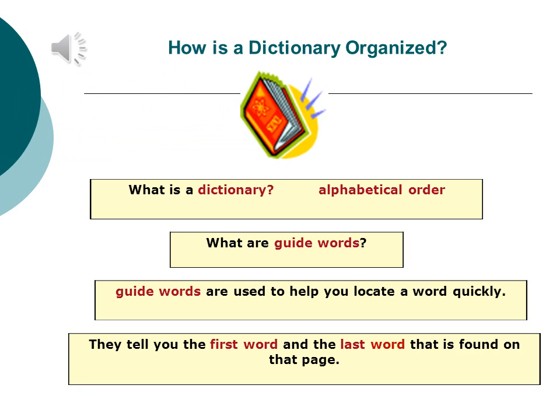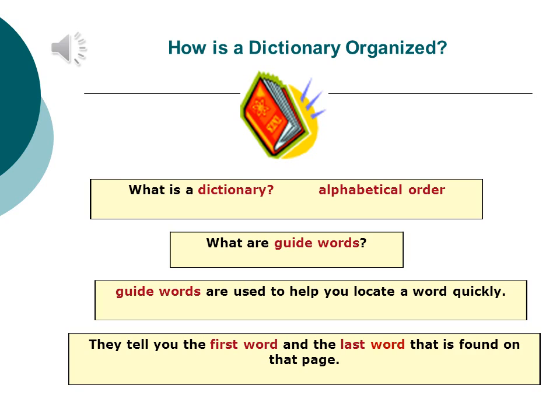Now let me tell you or show you how a dictionary is organized. I've already told you what a dictionary is, and that it is a book that lists the words of a language in alphabetical order.